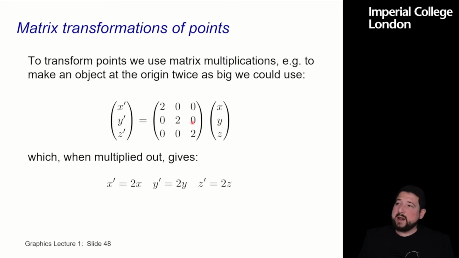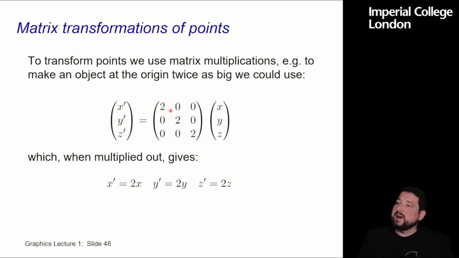So if you plug in the matrix vector multiplication equation, so row times column, and then go through the multiplication and summation, what you can work out here is that this does nothing else than scaling this x by 2, scaling this y by 2, and scaling this z by 2.